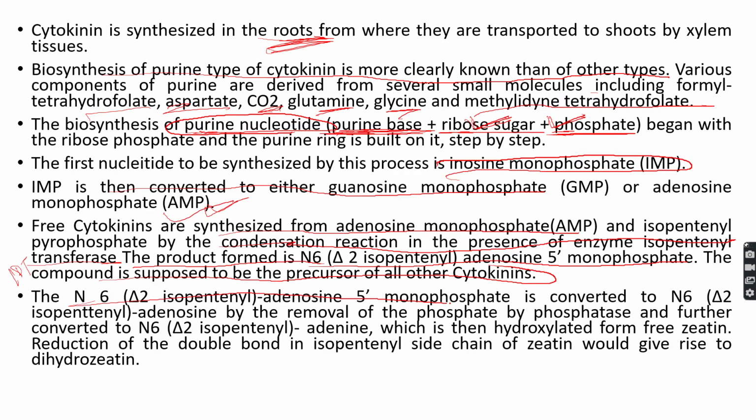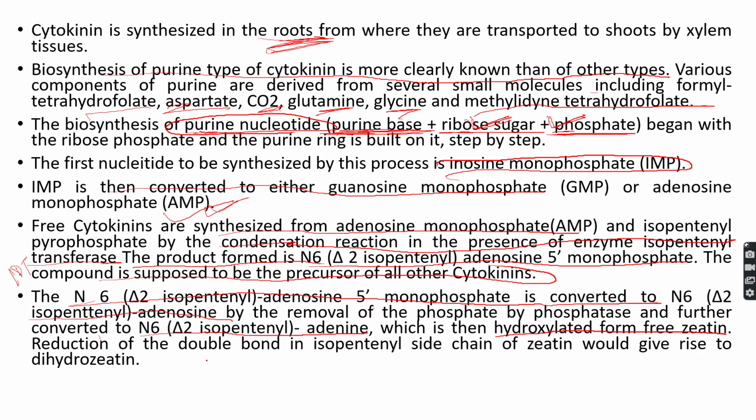So this compound is converted to isopentenyl adenosine by removing the phosphate group, and further it is converted to your N6 isopentenyl adenine by removing the ribose sugar group and hydroxylated to form your free zeatin.